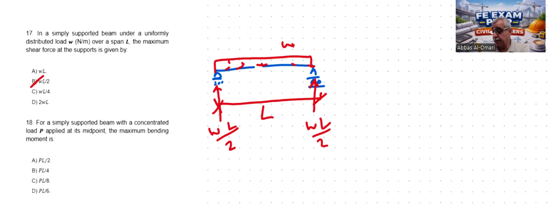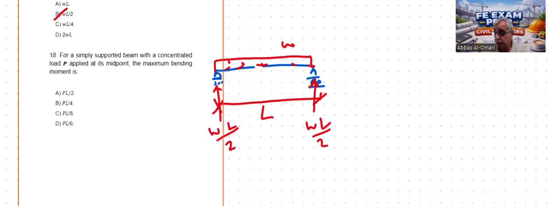Next question. For a simply supported beam, again, with a concentrated load P applied at midpoint, the maximum bending moment is. So again, we have a simply supported beam with a concentrated load midway.